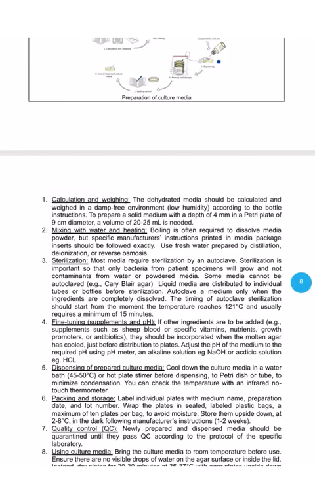We are going to speak about the different processes of sterilization in coming sessions. So you need to sterilize your medium after you have dissolved it in the distilled deionized water.